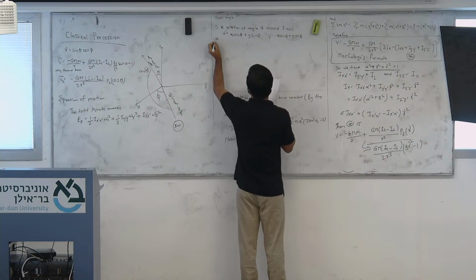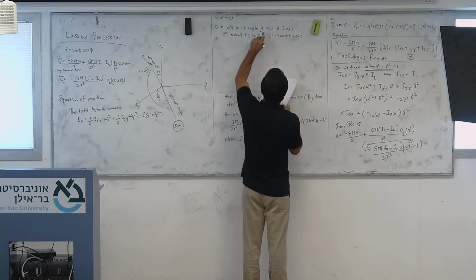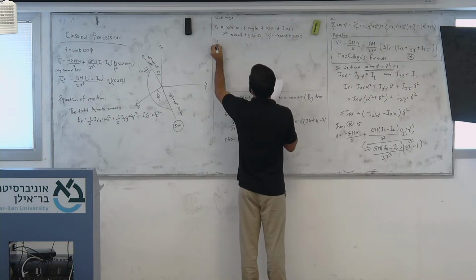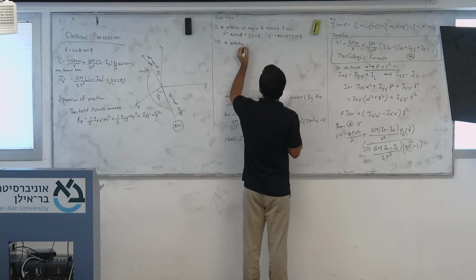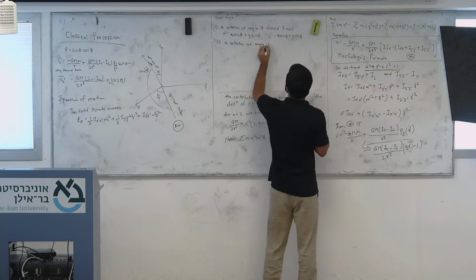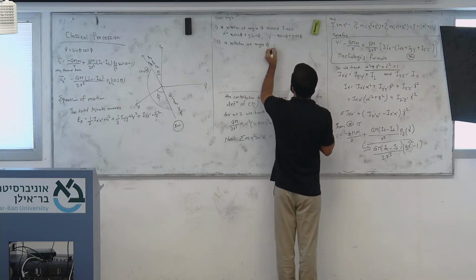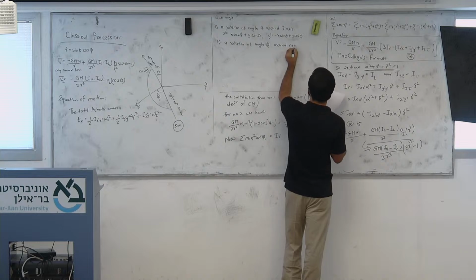Second is the rotation, sorry, phi, theta: rotation at an angle theta around the new x prime.